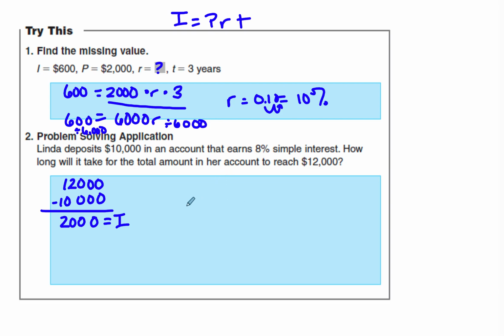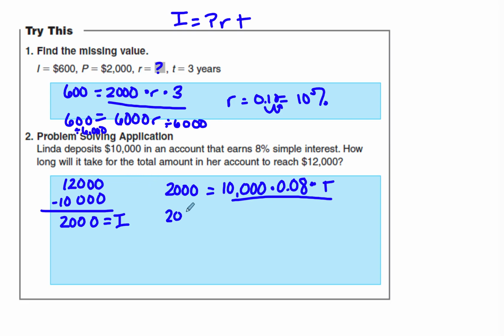Okay, now we're going to put the information into our formula to figure out what the time will be, because it says how long. So interest, 2,000, equals principal, 10,000, times rate, which is 8% as a decimal, 8/100, times time, which we don't know. All right, we're going to multiply what is on the same side of the equation together. So 10,000 times 8/100 gives us 800.